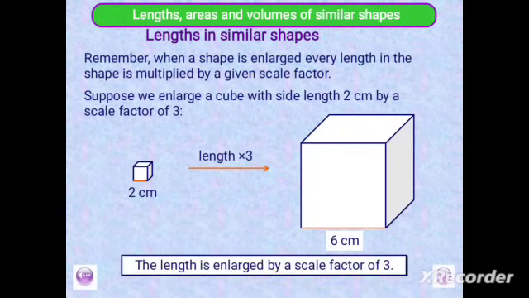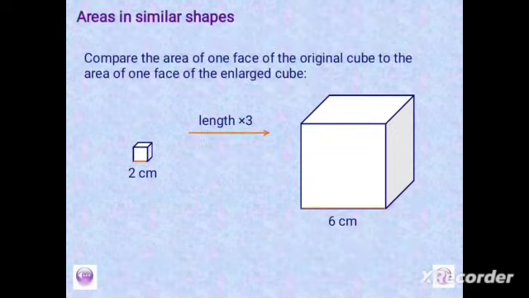So this length is enlarged by a scale factor of 3, and we have 6 centimeters. Let's now look at the areas in similar shapes. Compare the area of one face of the original cube to the area of one face of the enlarged cube.